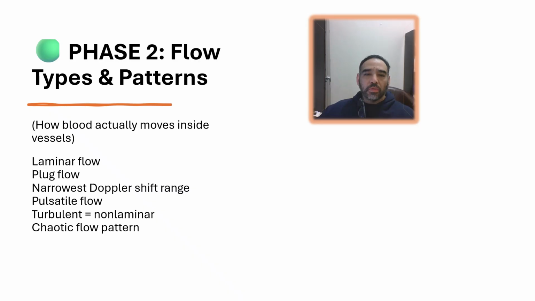Or does it break down into chaotic motion? These differences in flow pattern directly influence the range of velocities present, and that range determines what we see on Doppler, especially on the spectral display. As we move forward, think in terms of velocity profiles and organization versus disorganization of flow. We'll begin with the most fundamental pattern, which is laminar flow.